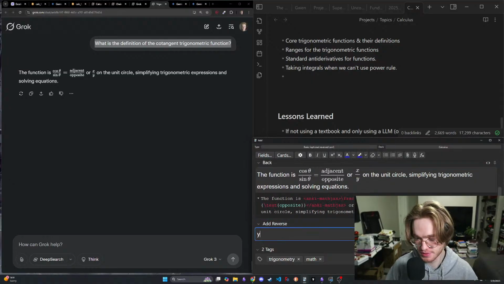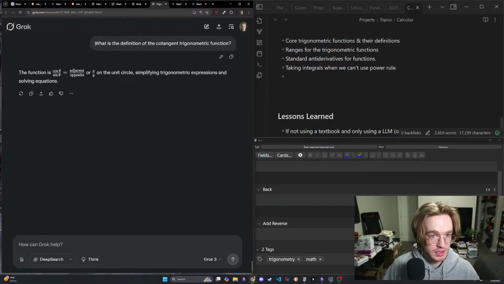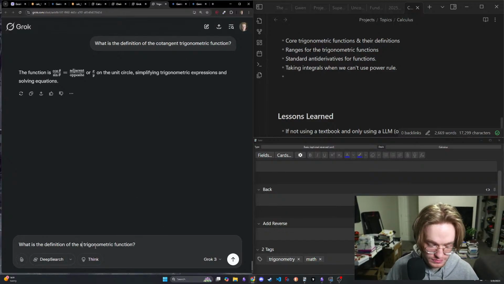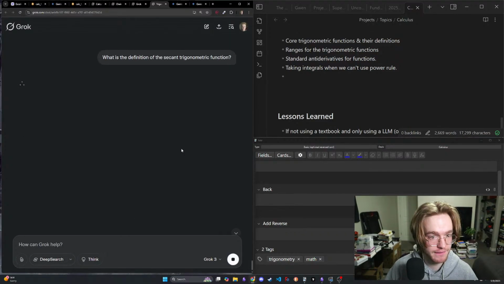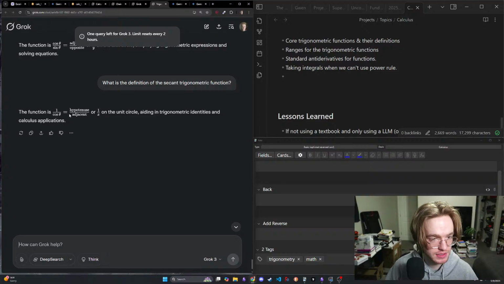We need secant and cosecant. Secant, if I'm recalling, is the reciprocal of the cosine, and cosecant is the reciprocal of the sine. Let's see if that's correct. 1 over cosine for secant. Okay, yeah, that's correct.